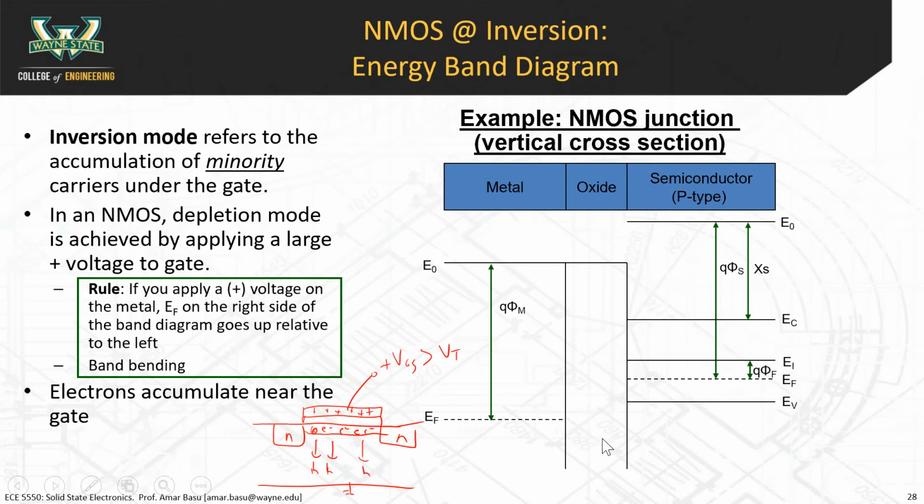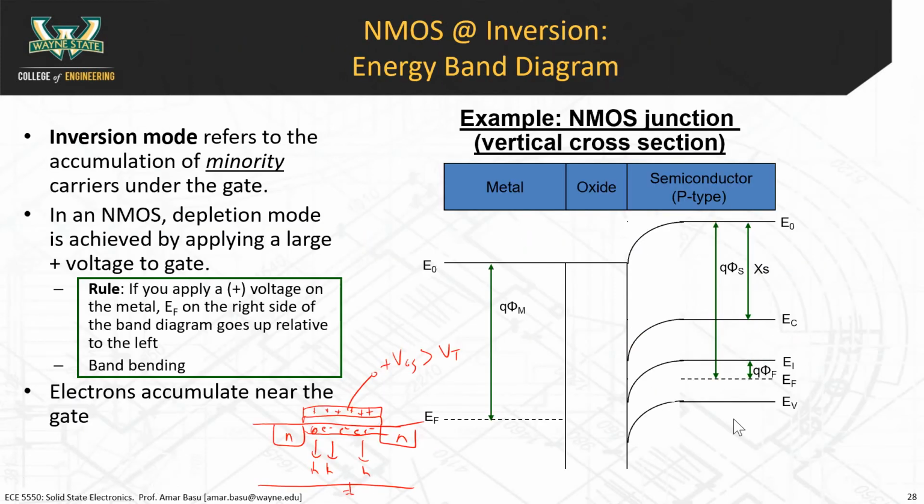So it's the same thing as the depletion, except you've applied a larger voltage, so you expect to see more bending. Now, again, you're going to connect the E0s together just like before, but what you're going to see this time is an interesting effect. Now you can see that the bands are bending like this, but there's more bending than there was in the previous case. So there's two effects that happen here.